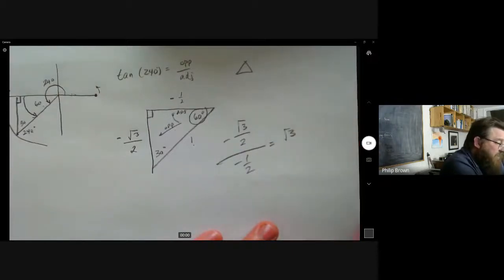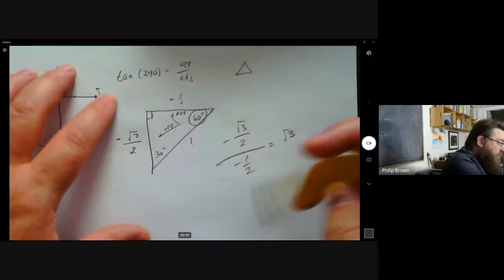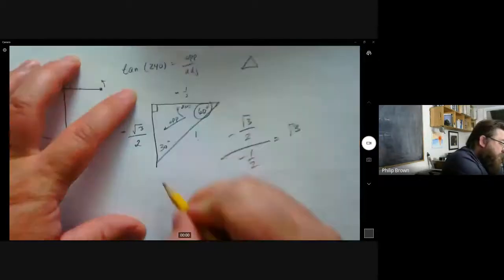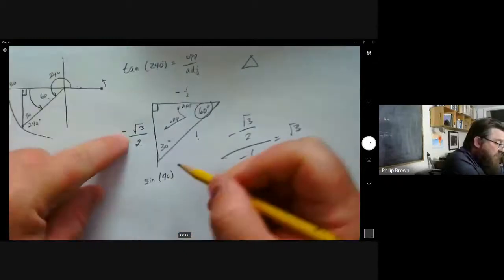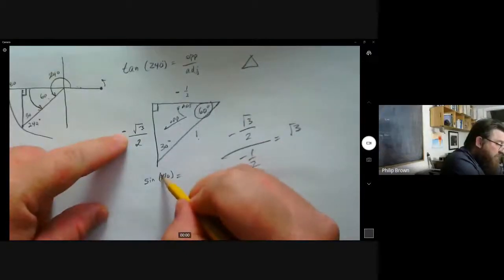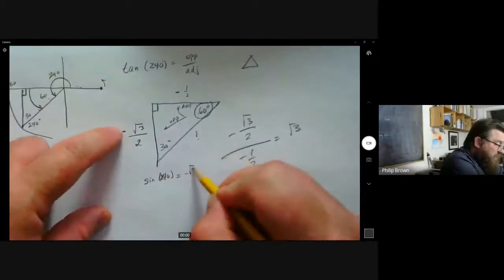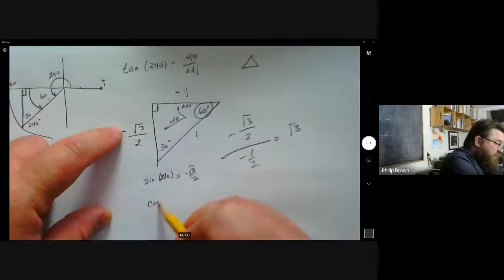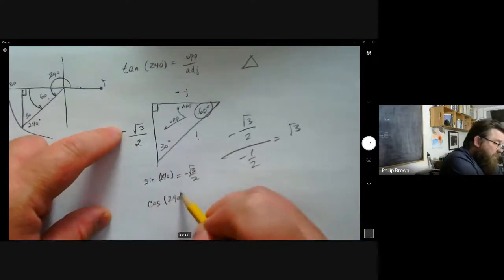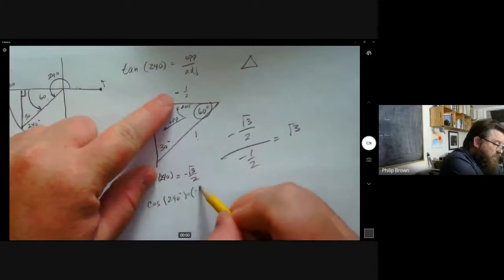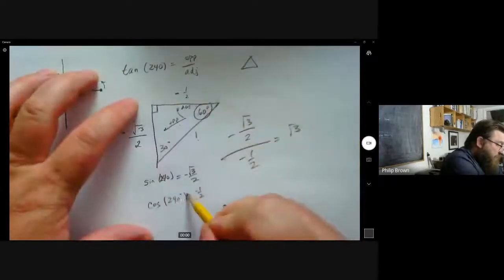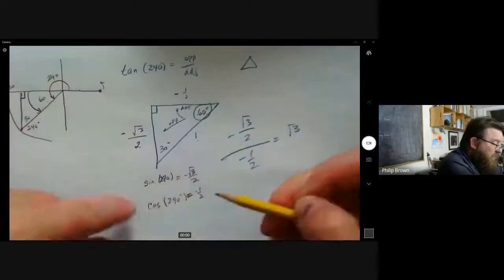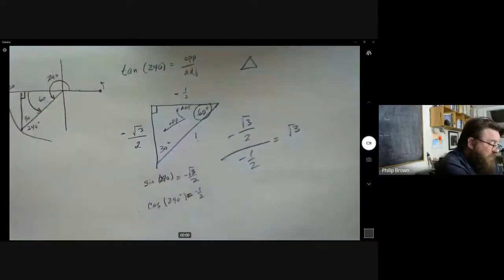So the reason that this works for sine versus cosine is this. Check this out. If you're talking about this angle right here, the sine of 240 degrees, that's this right here. And the cosine of 240 degrees, that's the x-coordinate. And so if you know the sine and the cosine, you can just figure out tangent that way.